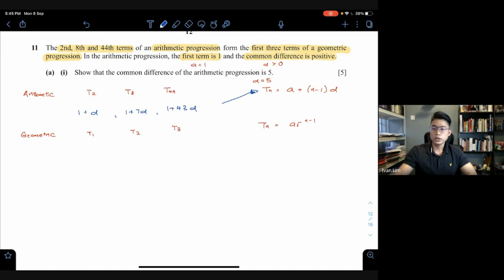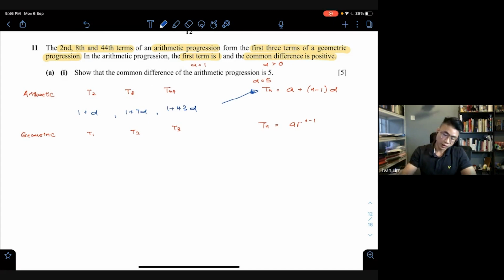How can we construct an equation here? There's a relationship for geometric progression. To find your common ratio, it is your next term divided by your previous term. That means Tn plus 1 divided by Tn.